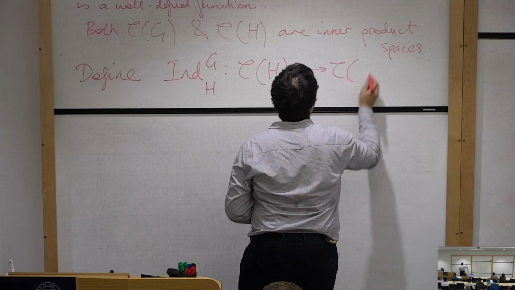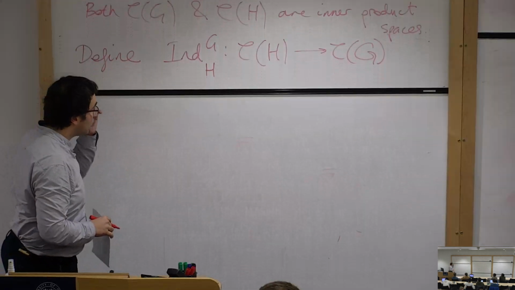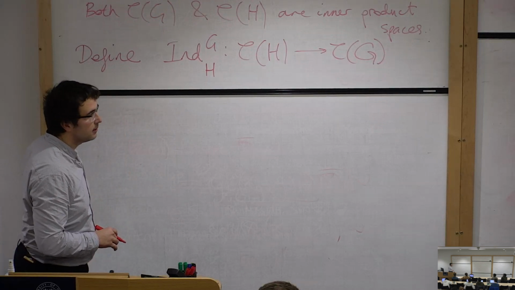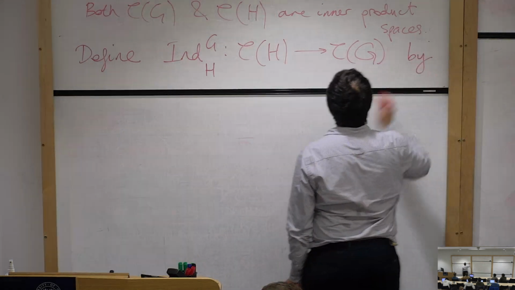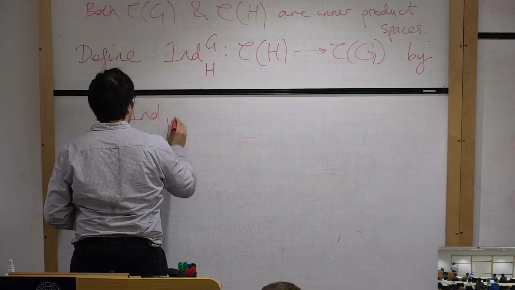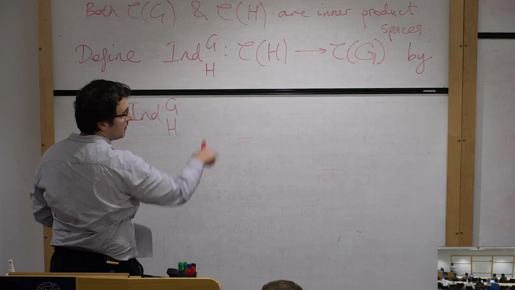Define the map in the other way, and I will show that it satisfies the functional equation that witnesses that this function, which I'm about to define, is the adjoint of restriction. You see, on this level, there are no representations inside; they're just class functions.